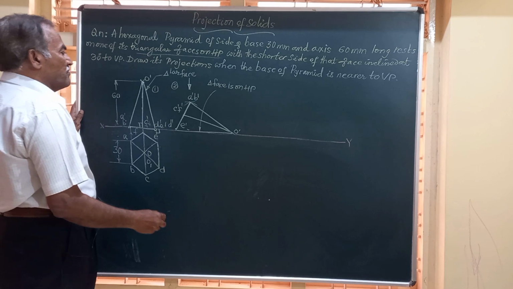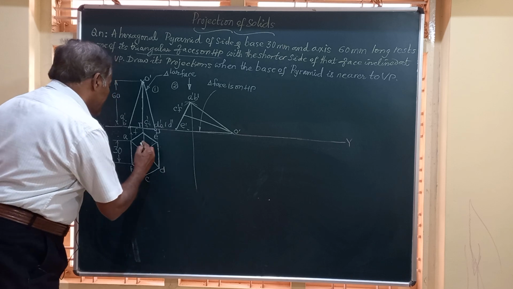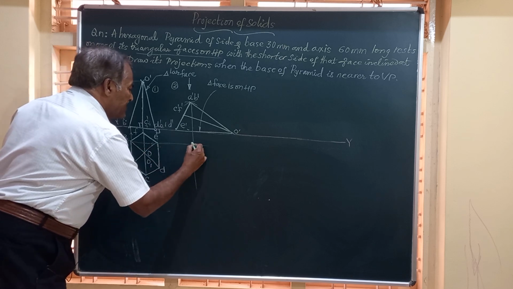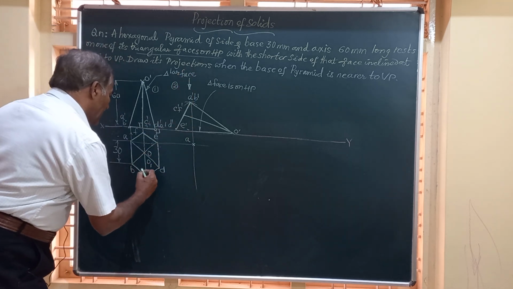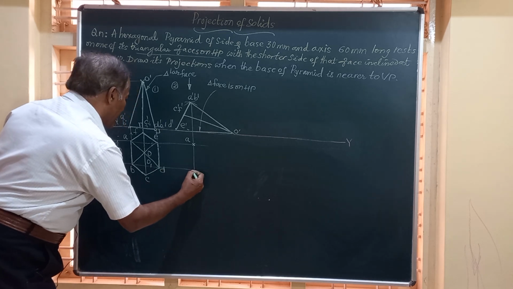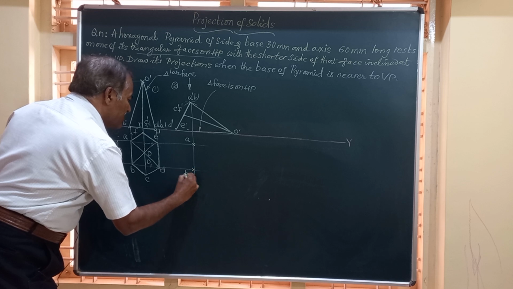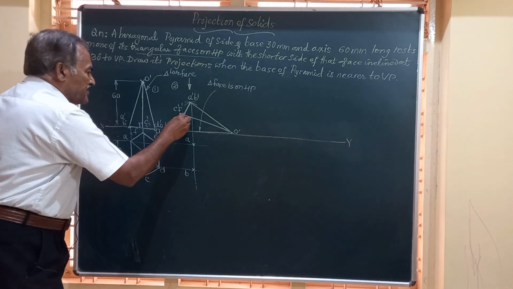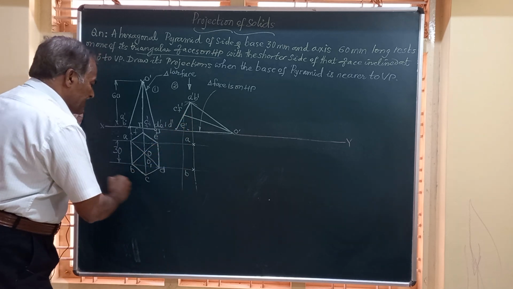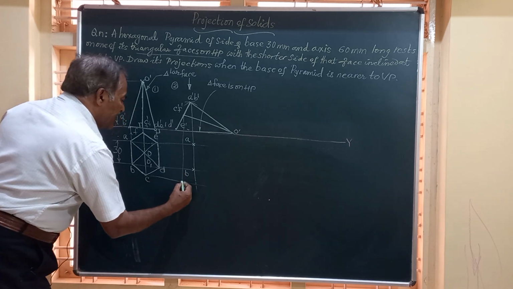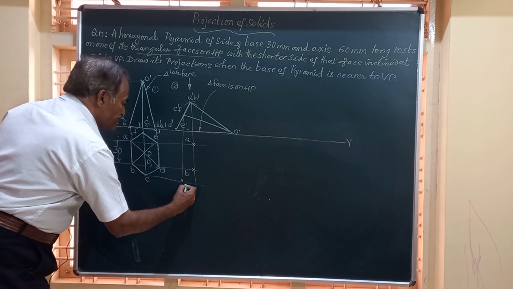So let's get the points one by one. Let me start with A. A vertical line from A, a horizontal line from here, the point of intersection will give you A. Similarly B: vertical from B, horizontal from here, the point where those 2 intersect is the point B. Then, friends, you have C and E. C will fall on the vertical line from C and the horizontal line from C. The point of intersection will give you the point C here.